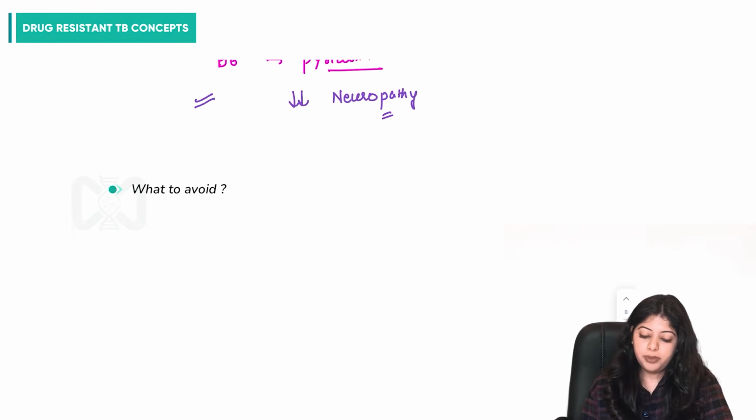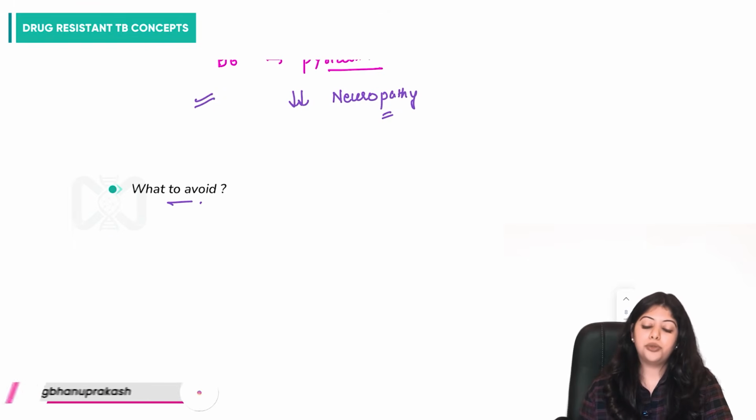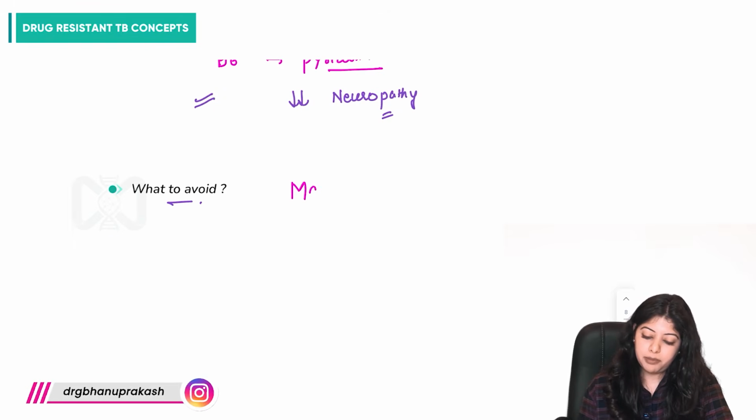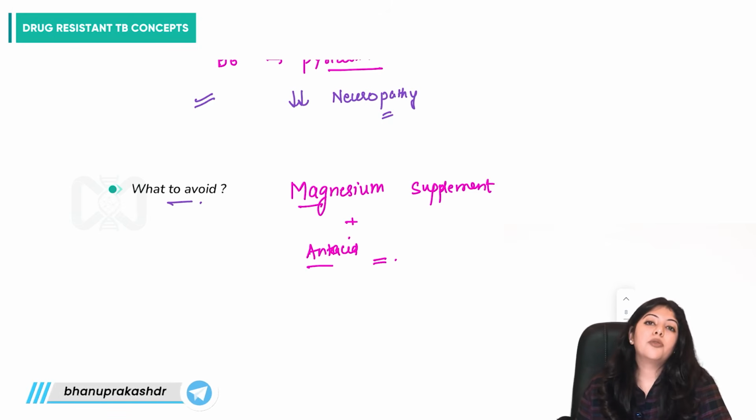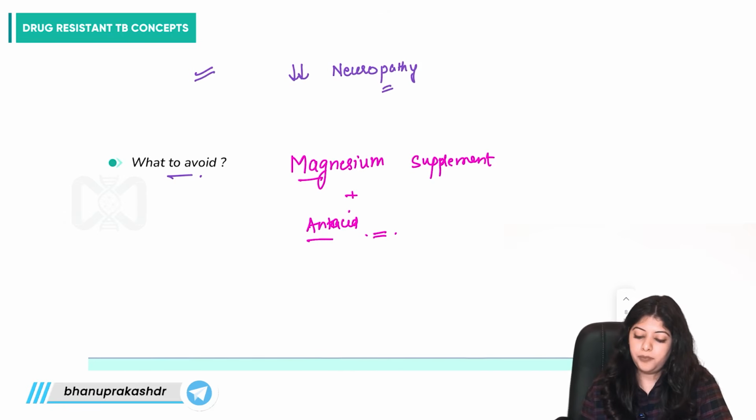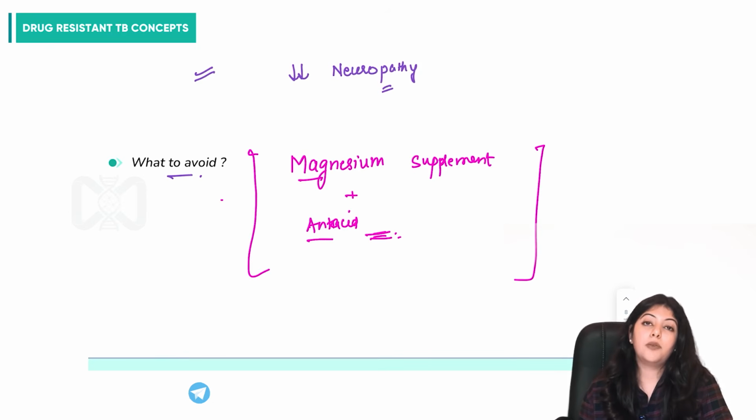And what needs to be avoided is the use of magnesium supplements or any antacids which contain magnesium. Before consuming any of these drugs included in the BPaLM regime, we have to ensure that we do not use magnesium. Why?